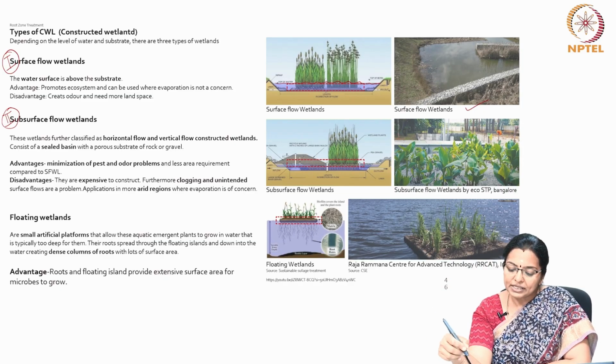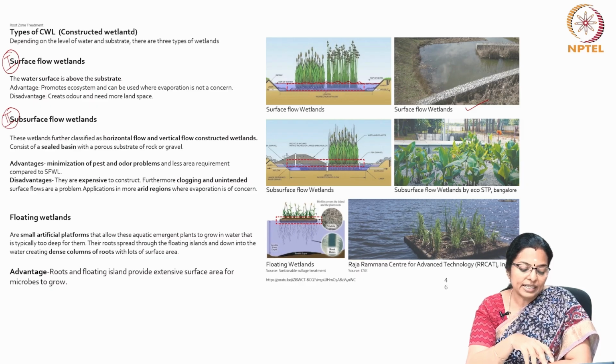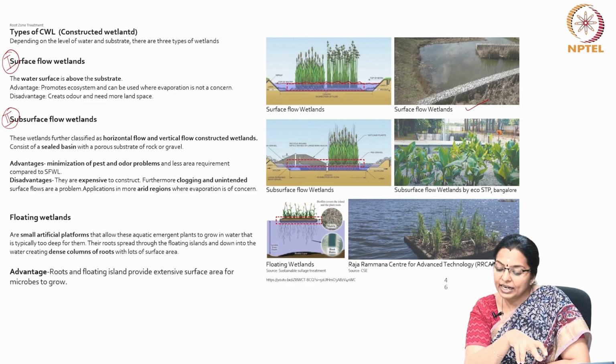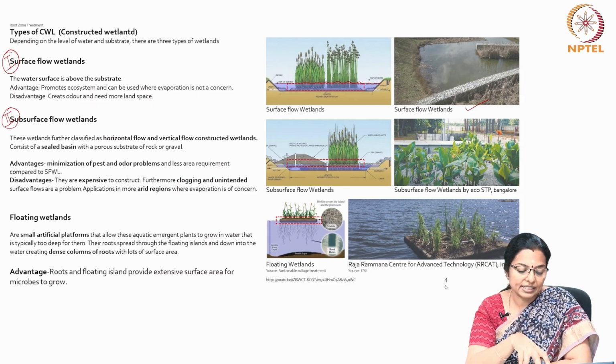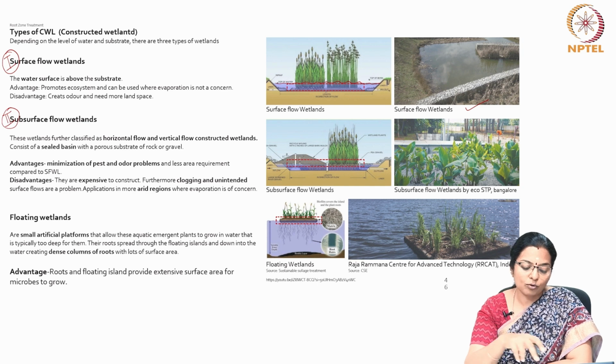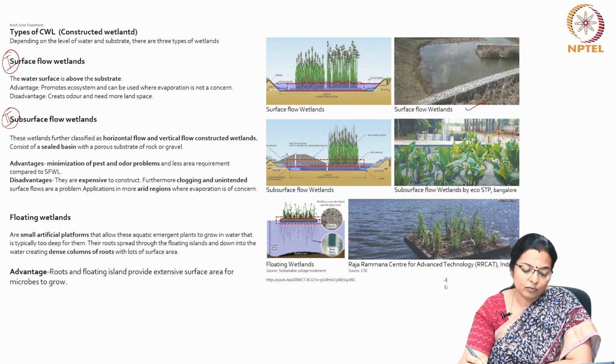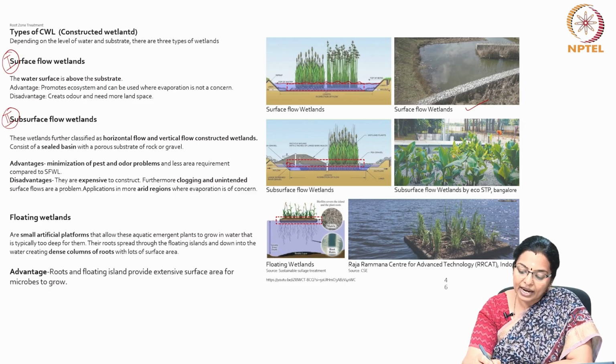So what happens in subsurface flow wetland is that these wetlands again get classified into horizontal flow and vertical flow constructed wetlands. They consist of a sealed basin with a porous substrate of rocks and gravel.